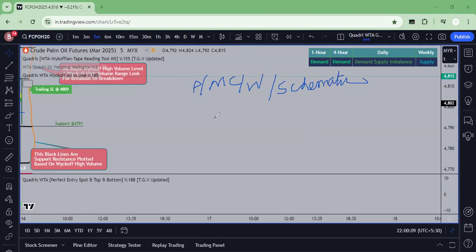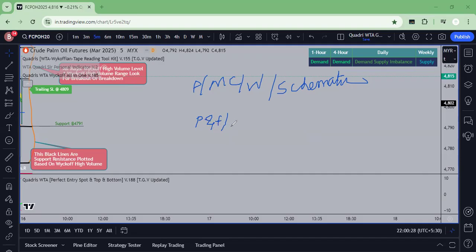After that, point and figure. We consider this one too, because there are many traders who have contributed in this way by way of point and figure.